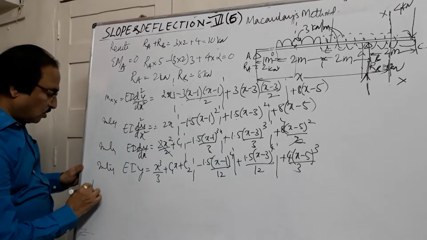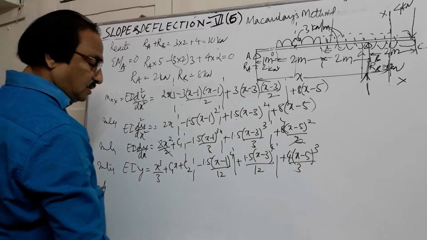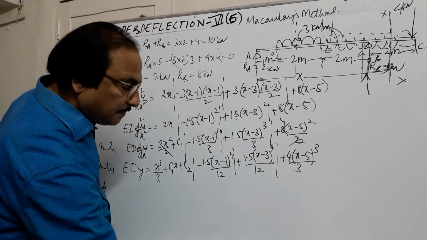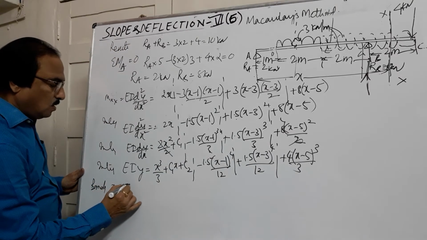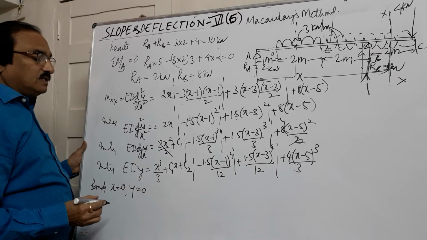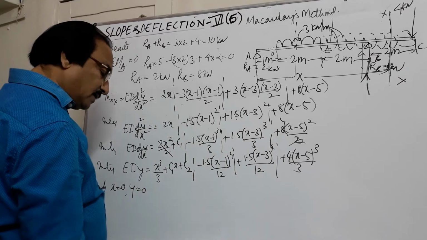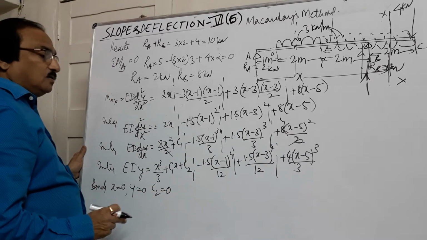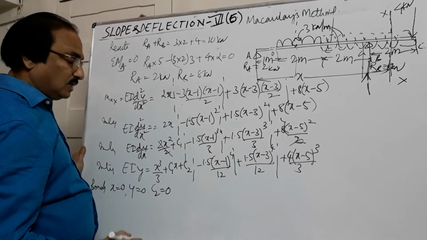So let us use the boundary conditions. When x is 0, y is 0, that is deflection is 0. So if you simplify this, C2 will be equal to 0, neglecting the negative values. 0 minus 1 is a negative value, you will have to neglect it.